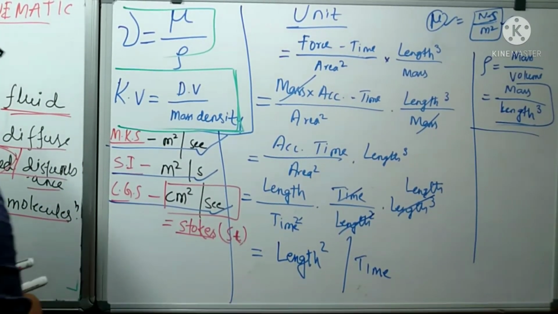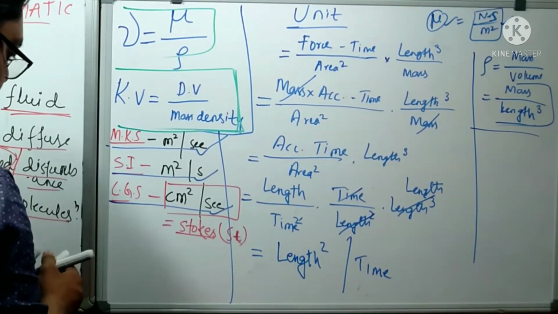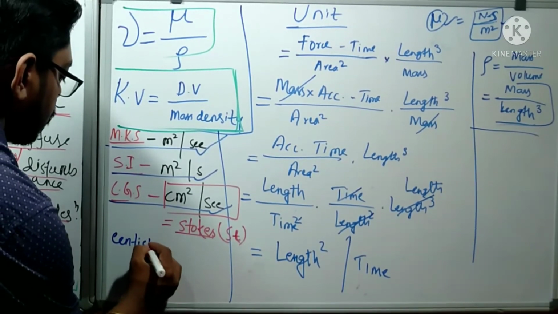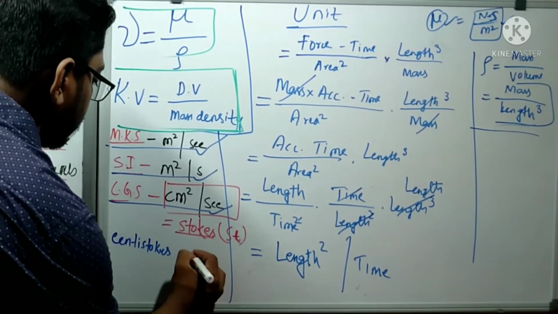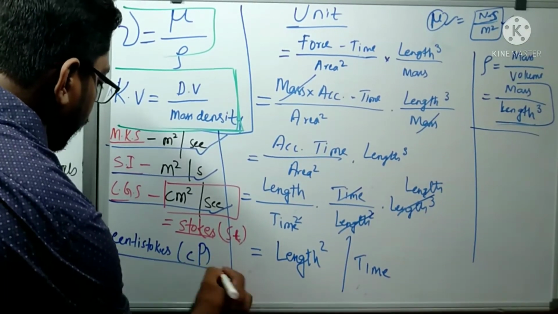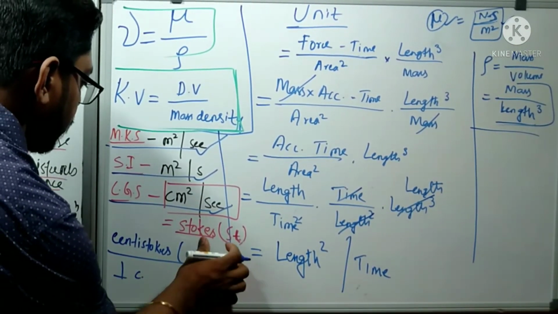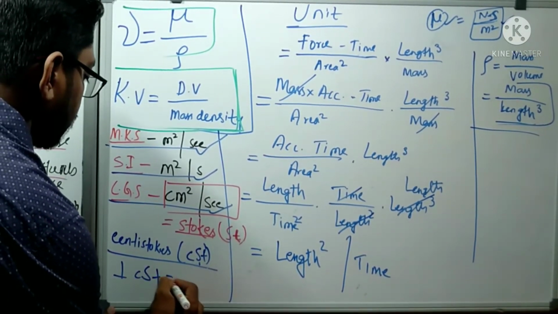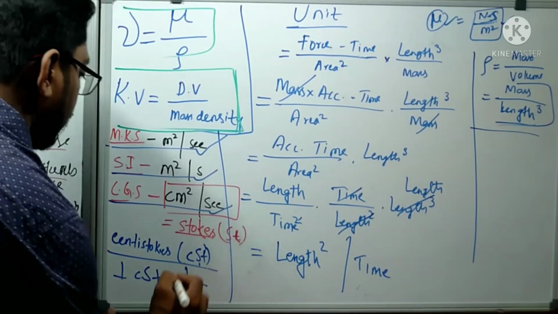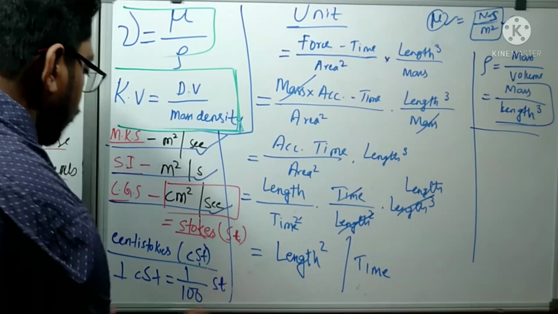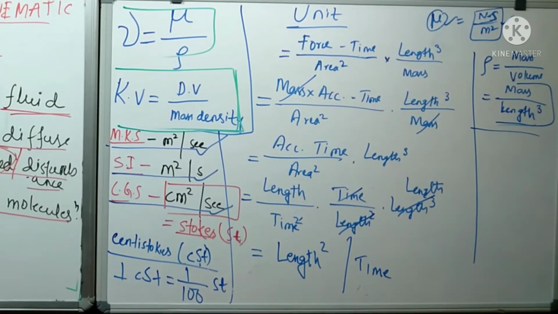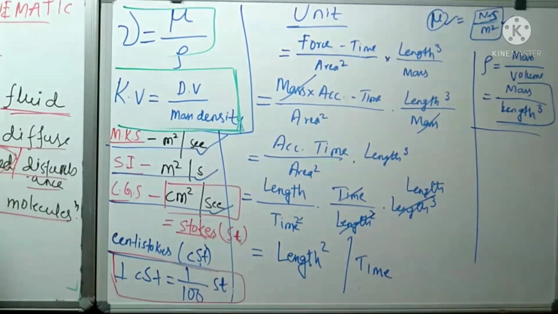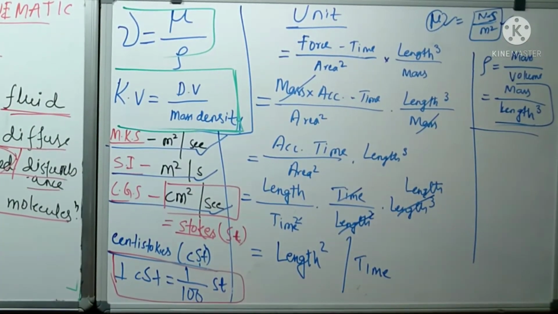And there is another unit, that is centistokes, and this is represented by small c St. 1 centistoke is equal to 1 by 100 Stokes. This is very important from a numerical aspect. This conversion: 1 centistoke is equal to 1 by 100 Stokes.